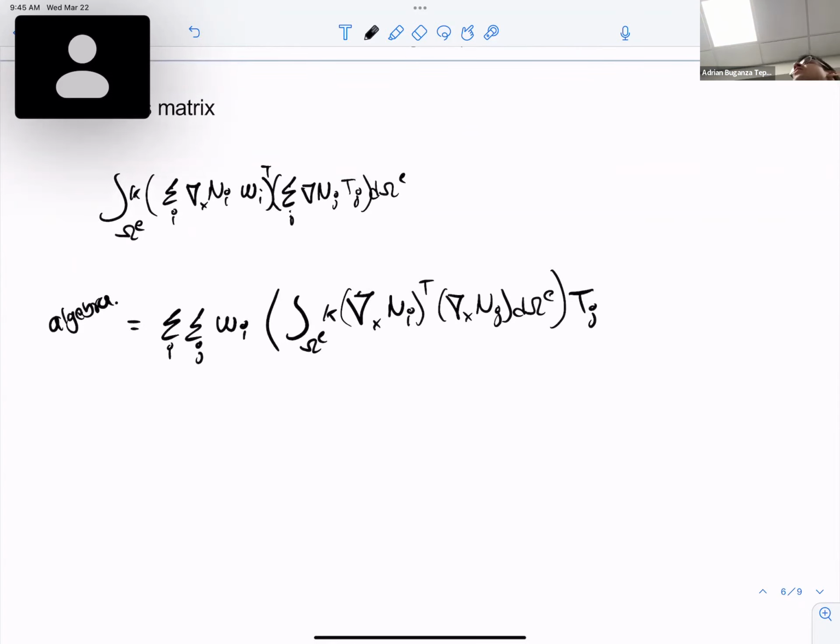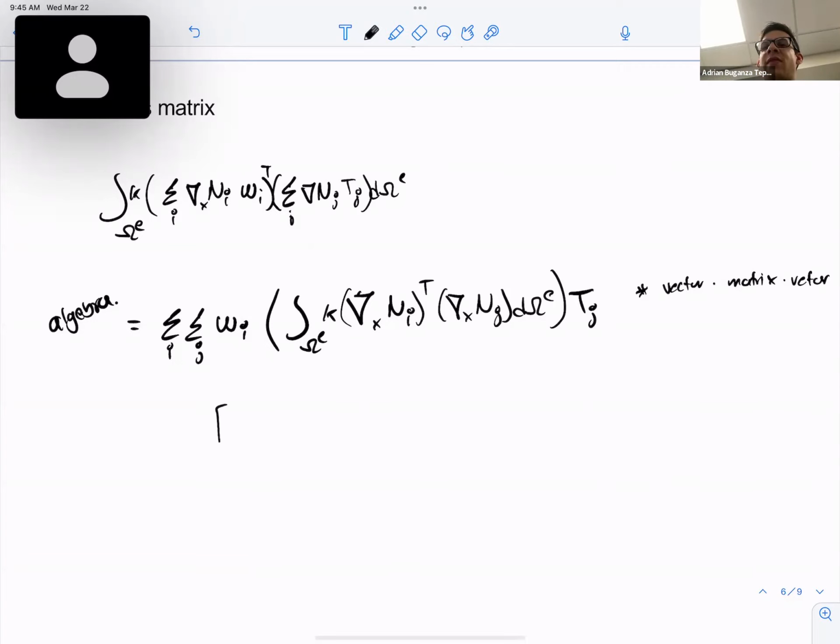And these two sums and this Wi, this Tj, what you should be thinking about is that this is a vector-matrix-vector multiplication. It's just expressed with these sums, but it is nothing but a vector-matrix-vector multiplication.